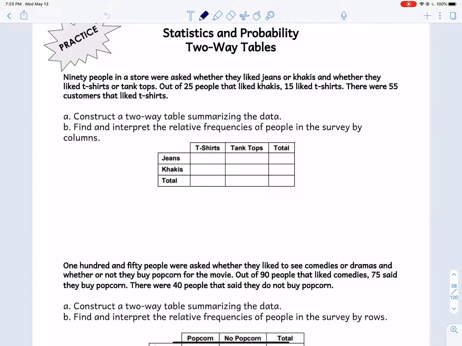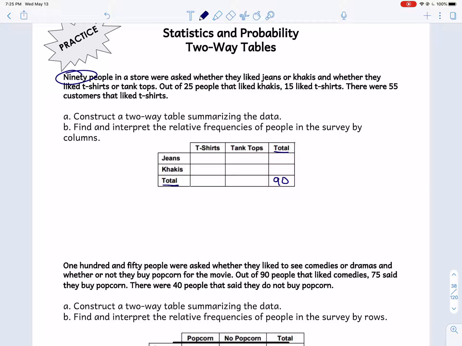So first of all, 90 people were asked, so 90 total people were surveyed. And if we look at our two-way table, we have a total that is for the last column, and we have a total that's on the bottom row here. So 90 would be the grand total of people, and that would be where those two totals meet.